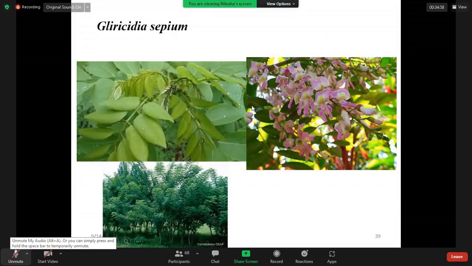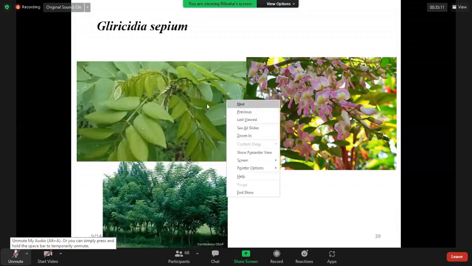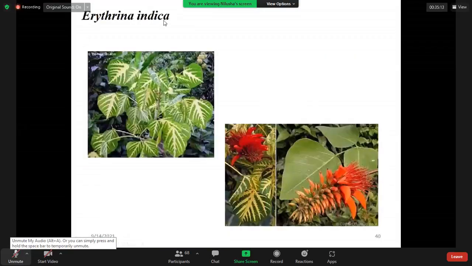So we use this Gliricidia leaf as green manure for the crop.